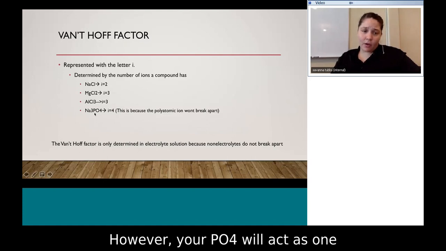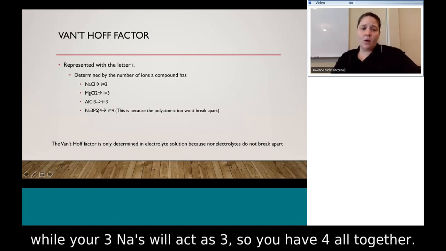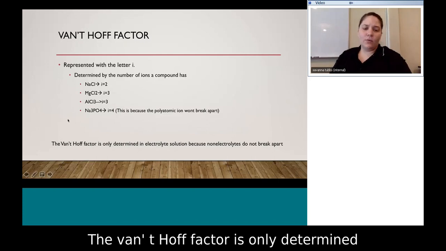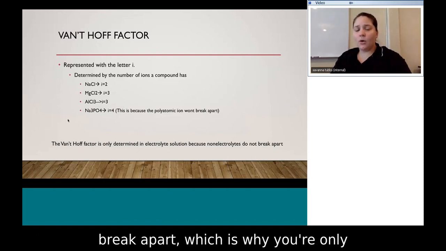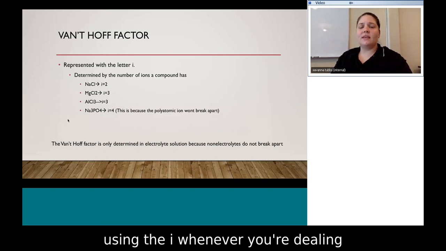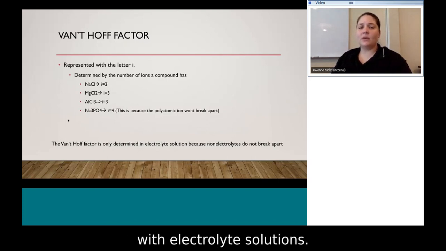Your PO4 will act as 1, while your 3 Na will act as 3, so you have 4 altogether. The Van't Hoff factor is only determined in electrolyte solutions because non-electrolytes do not break apart, which is why you're only using the i whenever you're dealing with electrolyte solutions.